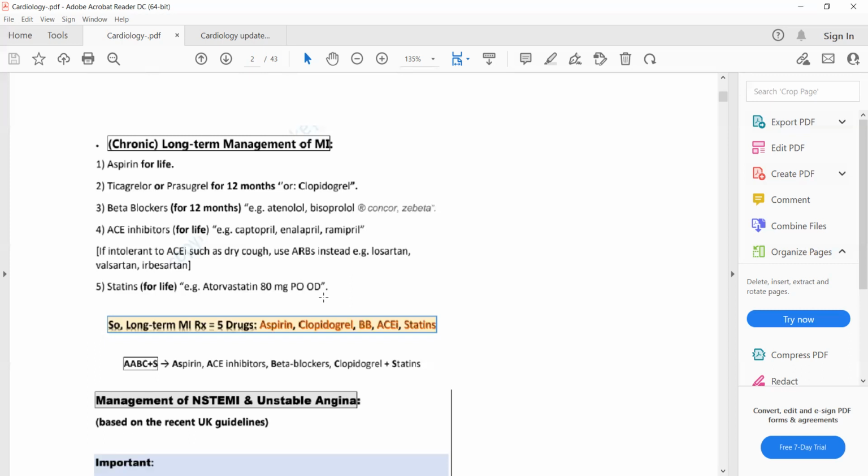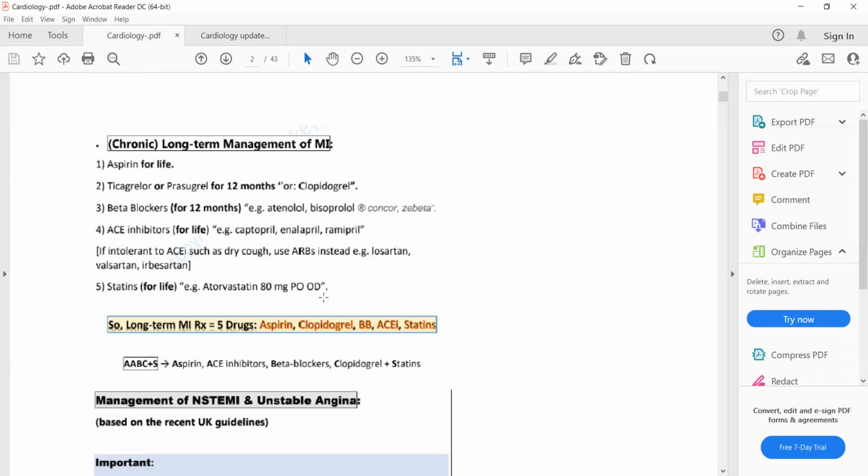So 3 medications are given for life to a patient who has had an episode of MI: aspirin, ACE inhibitors, and statins. These 3 drugs are given for life, and 2 drugs will be given for 12 months. Which are those 2 drugs?